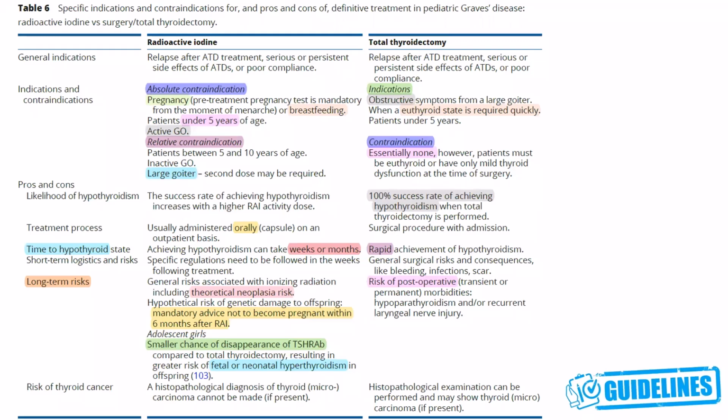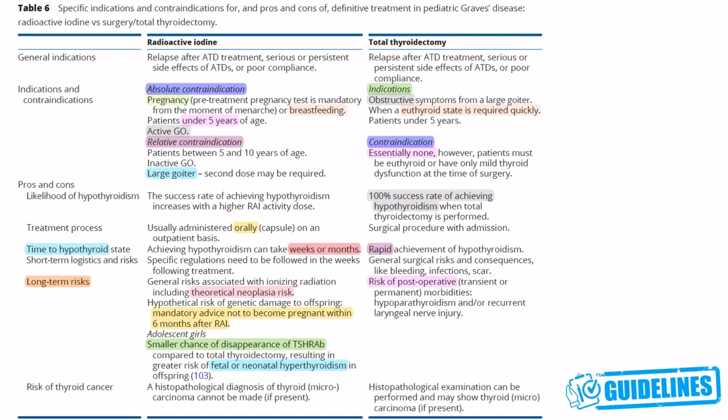Radioactive iodine ablation is prescribed as an oral solution or capsule, and usually hypothyroidism occurs after weeks or months, and there is a long-term risk. Theoretically, neoplasia risk may be increased, especially in a younger patient.